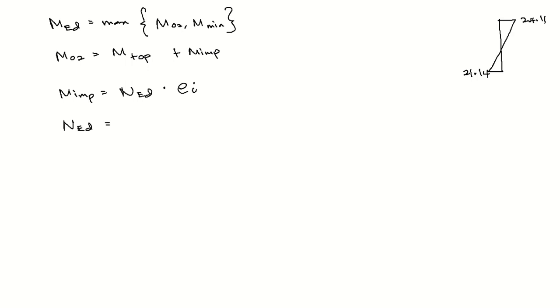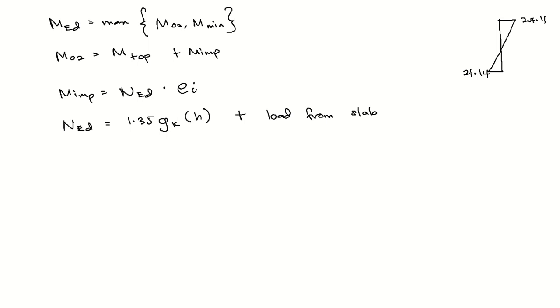So for the NED, we are going to take 1.35 GK times the H. Okay, bear with me. Let me write down the formula first. Plus the load from slab. Okay, so 1.35 GK times H. What is H? H is the height of the wall from level 4 to level roof.